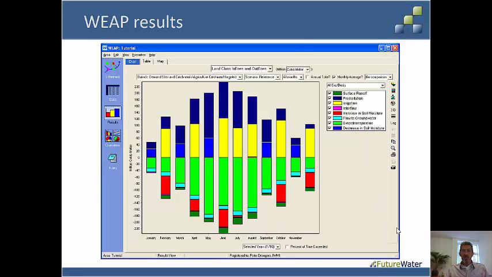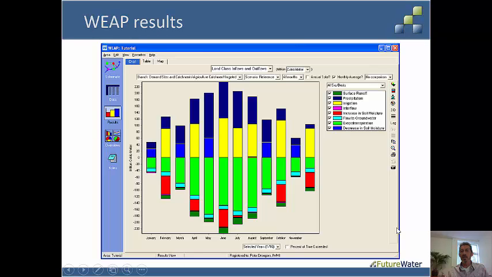Another typical example of output which is generated by WEAP is just looking at your entire water balance. So in order to understand the system, a water system, it's important to realize what's happening in terms of processes. So this is another example of another study where you see for one particular year, for the month, January till December, all the components of the water balance.